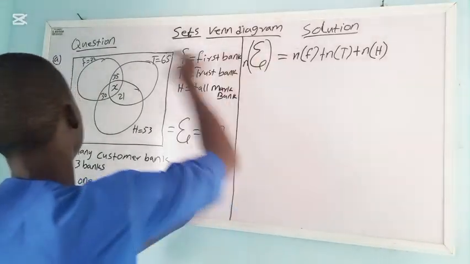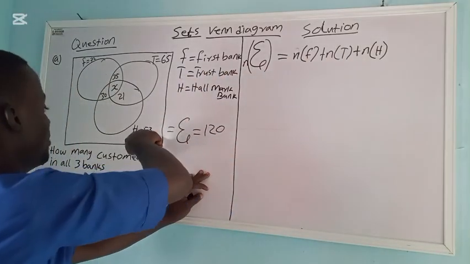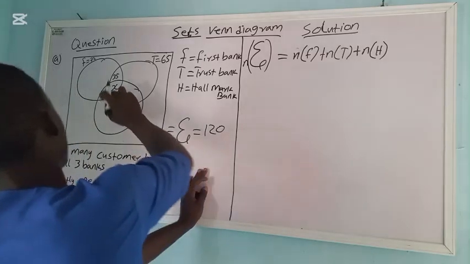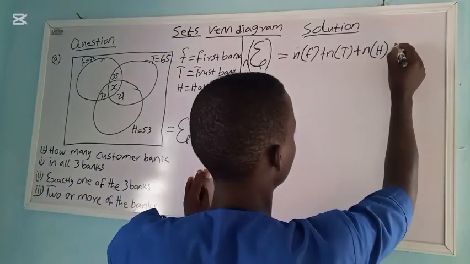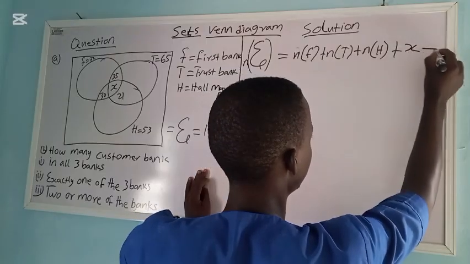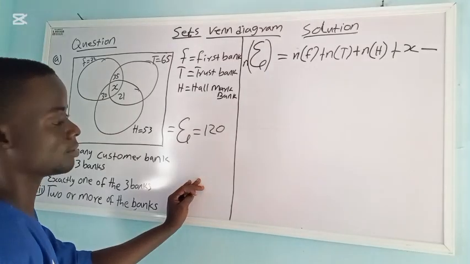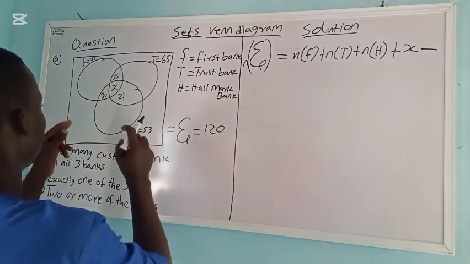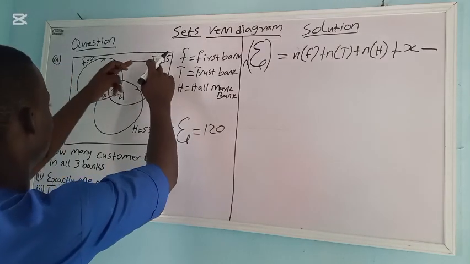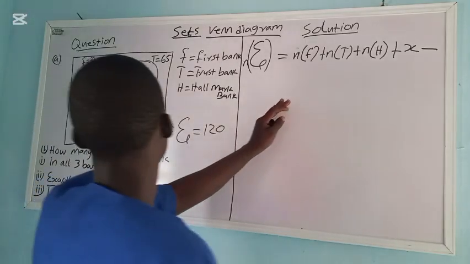So now this F means 72, this T means 65, and this H means 53. Then I'll put plus x, then minus. This minus that we put is for us to put these two: people that use First Bank and Trust Bank, First Bank and Hallmark Bank, and Trust Bank and Hallmark Bank.